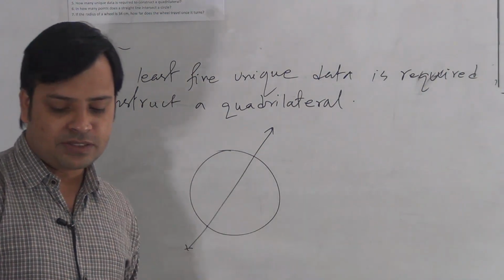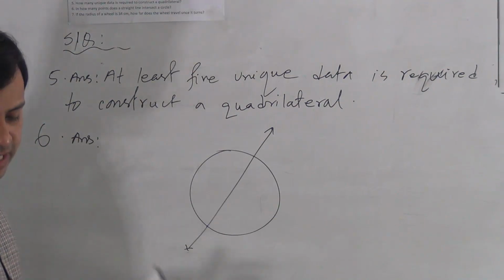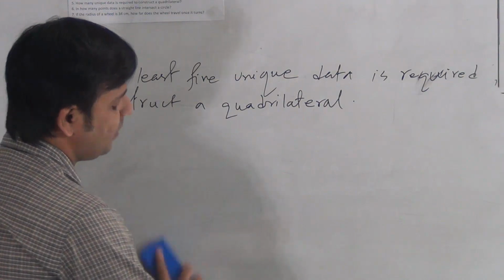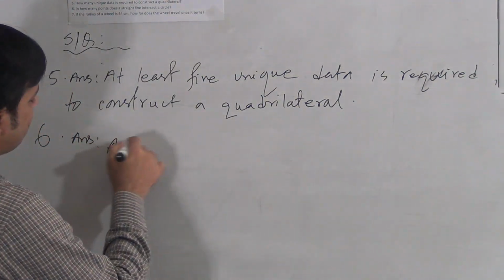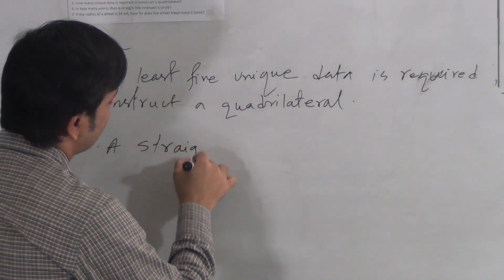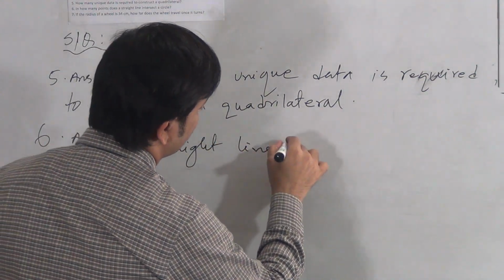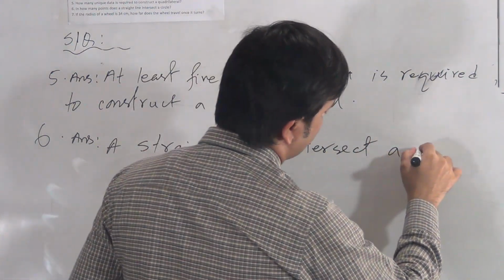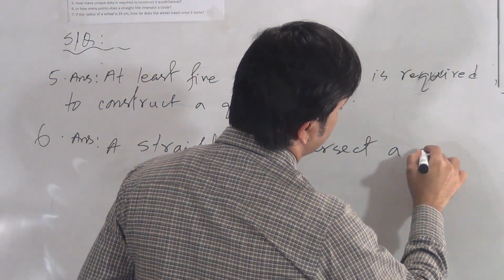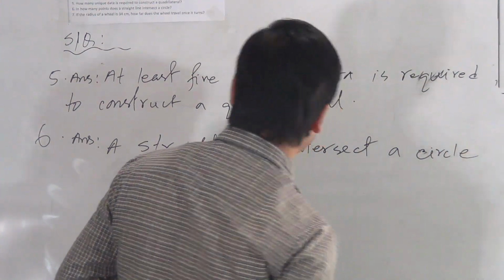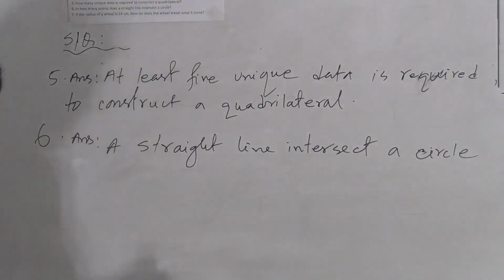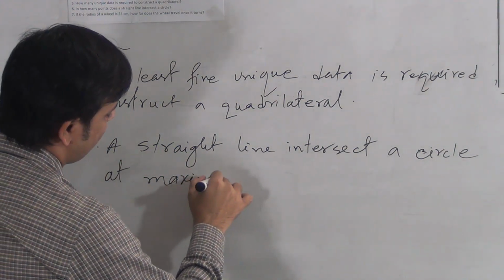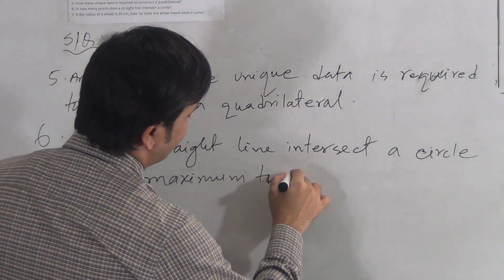So we can write here: a straight line intersects a circle at maximum 2 points.